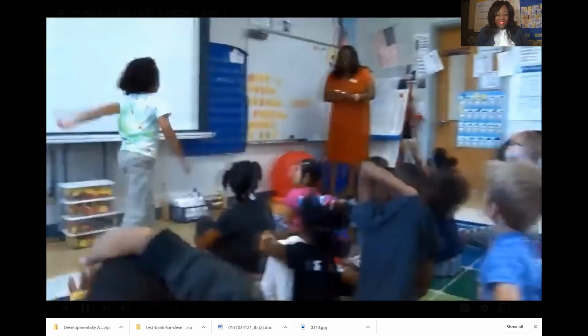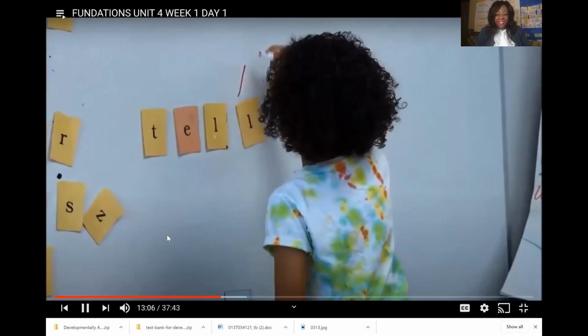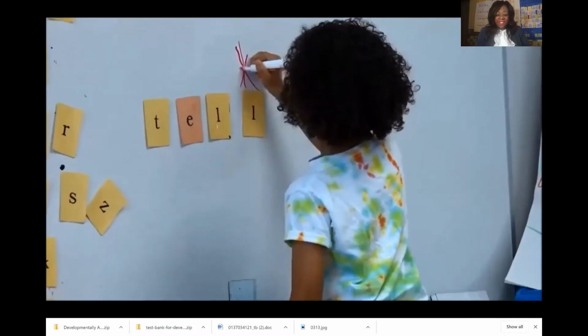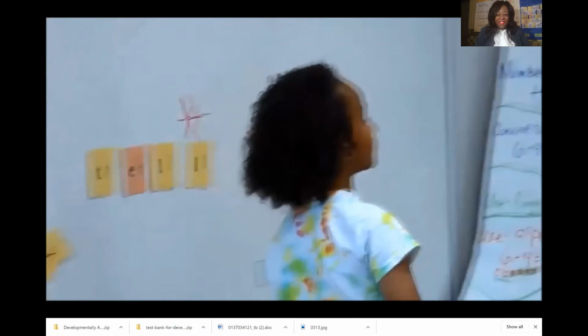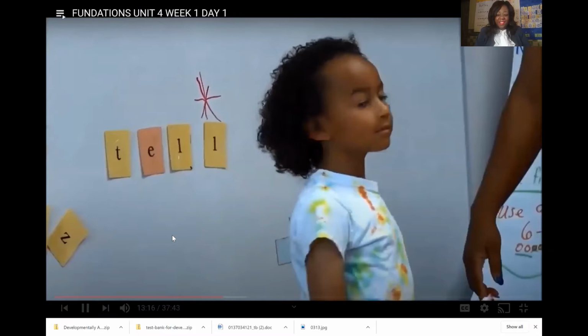It's really hard to do an X for me, I mean a star. It's doing my own way. That's good. So did he mark it up correctly? Yes. Tail. Say it in a sentence with your partner.